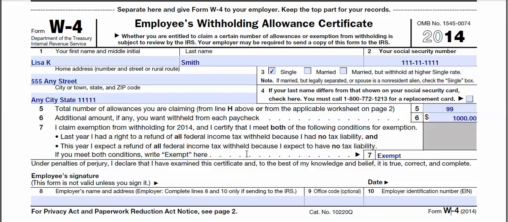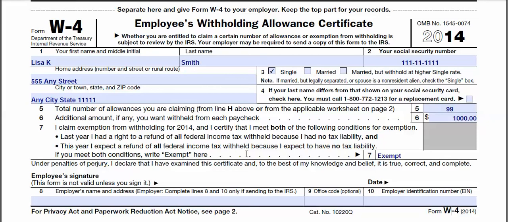Okay, so very few people qualify for number 7. You probably will not be exempt, but if you are, then please leave 5 and 6 blank and put exempt in number 7. Also keep in mind that if you are exempt, every January you will be required to give your payroll office a new W-4 signed and dated listing that you intend again that year to be exempt from taxation.